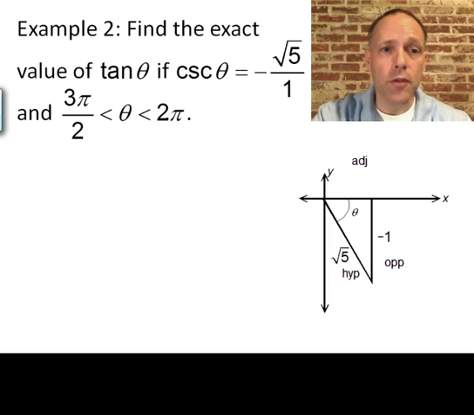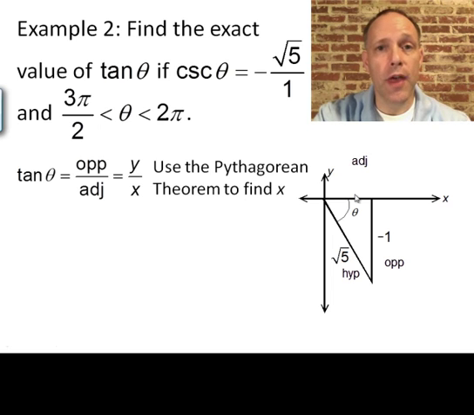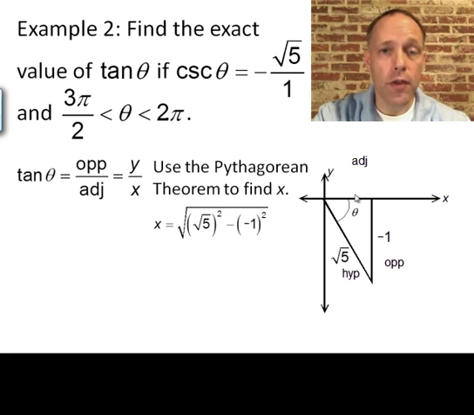Now I'm going to go back to my cheat sheet and find the definition for tangent. Tangent is opposite over adjacent. So from theta, I have the opposite, -1, but I need the adjacent. The adjacent is the x value. It's also a leg. I can use the Pythagorean theorem to find this distance. So x is the square root of the square root of 5 squared minus -1 squared.